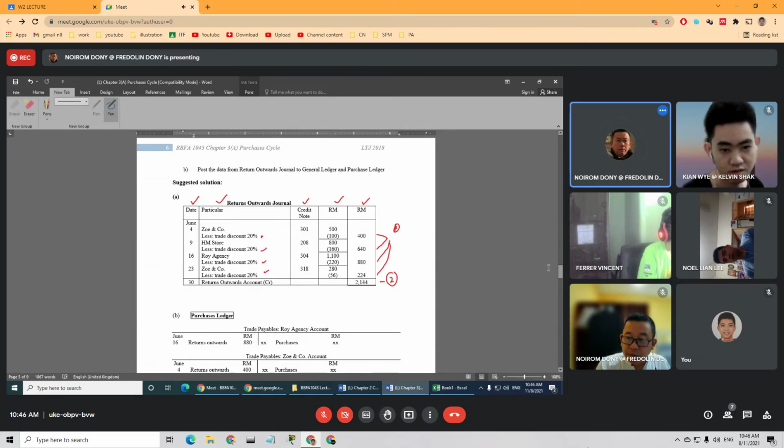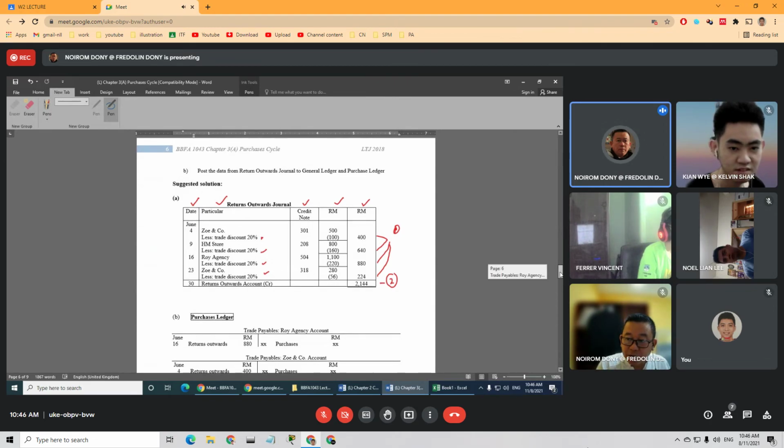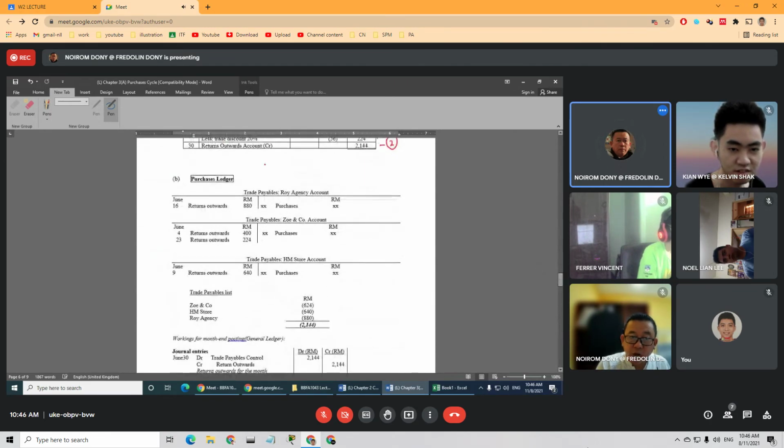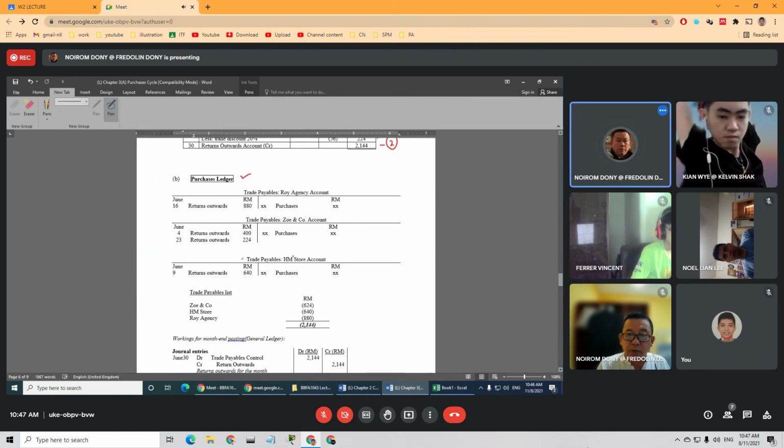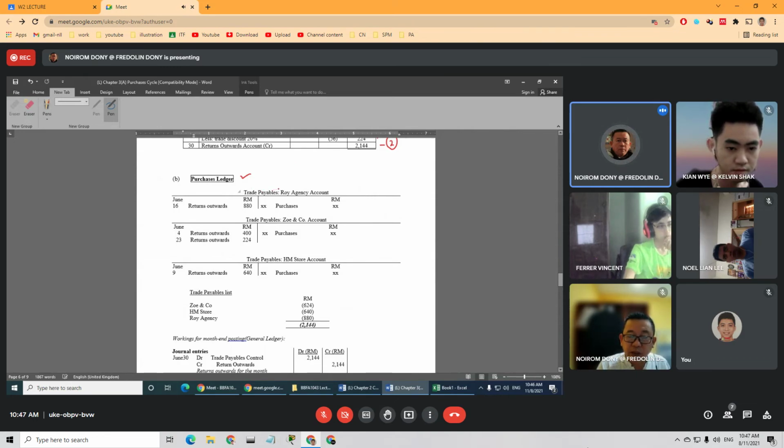Now the first step, so we record single entry in the purchases ledger. Open up a purchases ledger account, and then open the T account for trade payable Roy Agency, trade payable Zoe and Company, trade payable HM Store account. Okay, and then record. So remember, return outward reduces the trade payable, so a debit item.